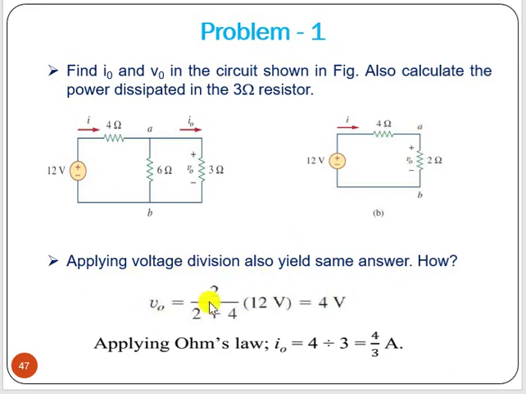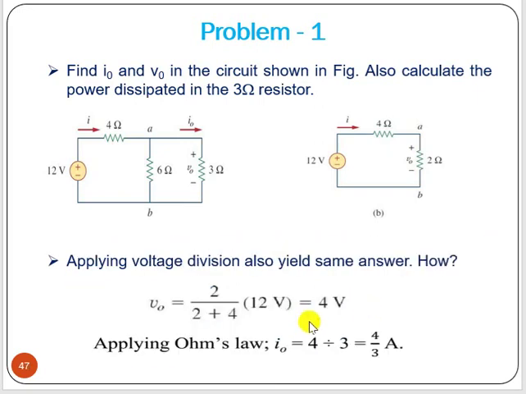Now we can apply the voltage division rule also. This 12 volt is applied here, and without finding current and multiplying with resistance, you can directly apply the voltage division rule as 12 volt into same branch resistance 2 divided by total branch resistance 6. So 2 by 2 plus 4, that is 4 volt.